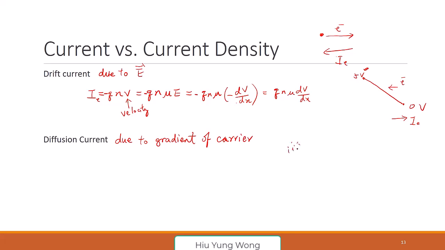For example, if you have a lot of electrons, very high density, and somewhere else is low density, I will have a diffusion current, right? The electrons will go there. Of course, then it is opposite. The electron diffusion current is going in this direction. Is that okay about this diffusion current?